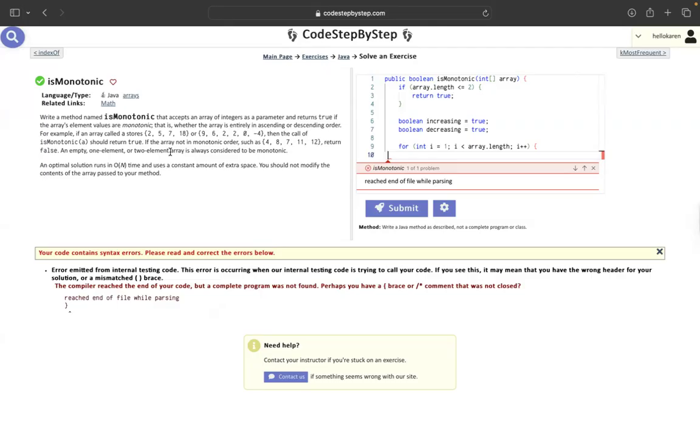Basically, I started with this part, which I included to make sure that this part is accounted for. And then afterwards I set the Boolean increasing and decreasing to show that within this part there's no spot where the array goes down or where the array goes up.